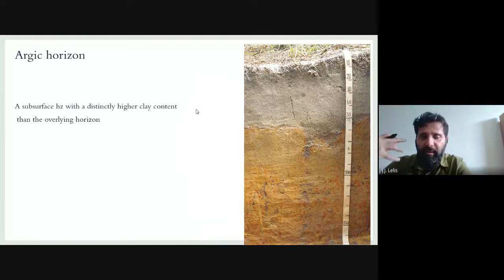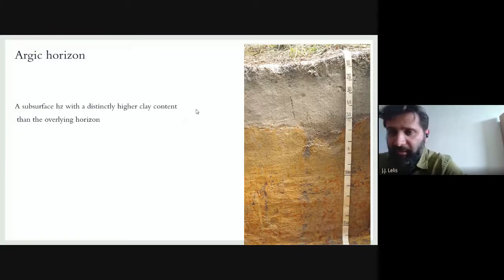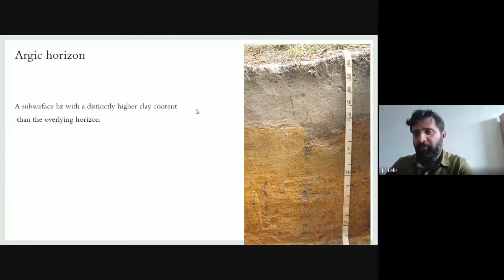And now we have to think. We have the same parent material for all horizons and layers in this soil profile, but they present a high difference of clay content.